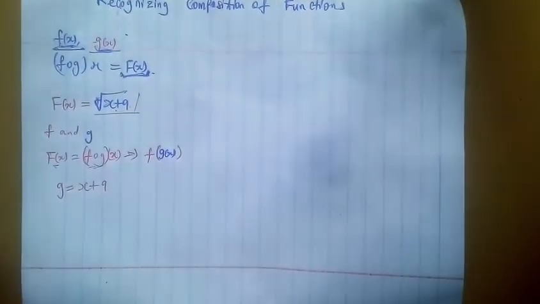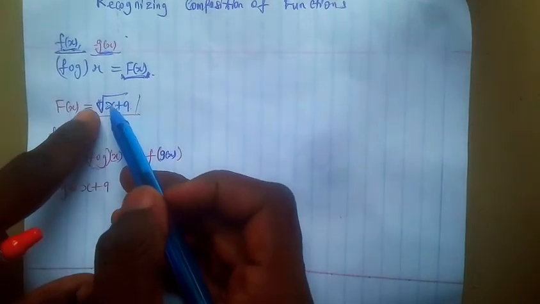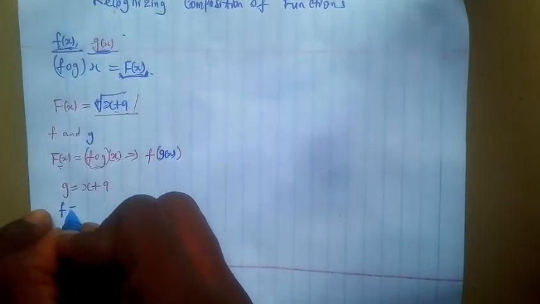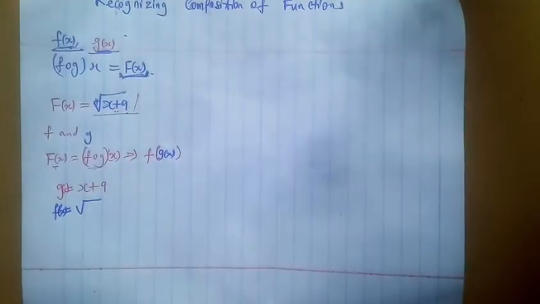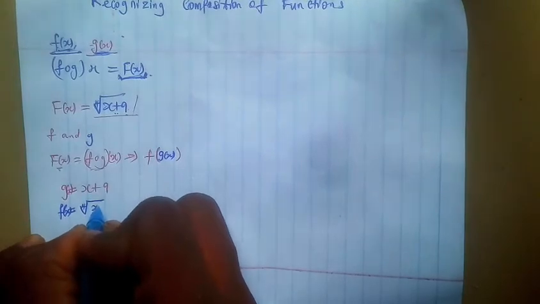You can also observe that after adding 9 to x, the 4th root of the result was taken. So f is the 4th root. This is g in terms of x and f in terms of x. So f of x can be the 4th root of x.